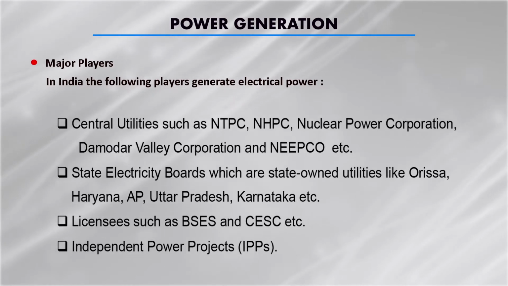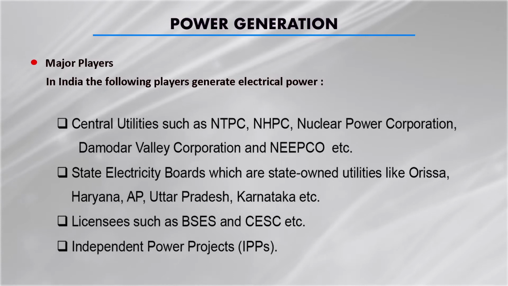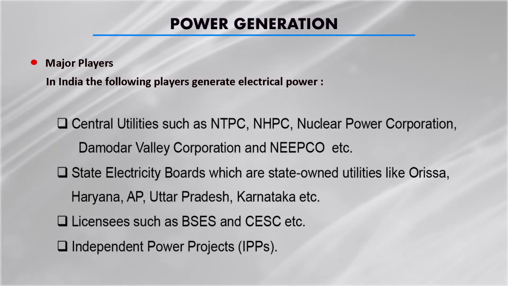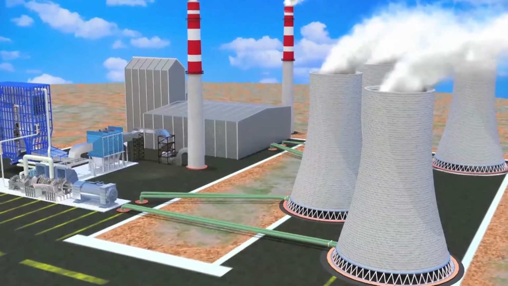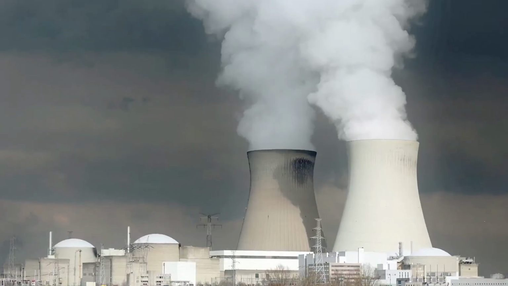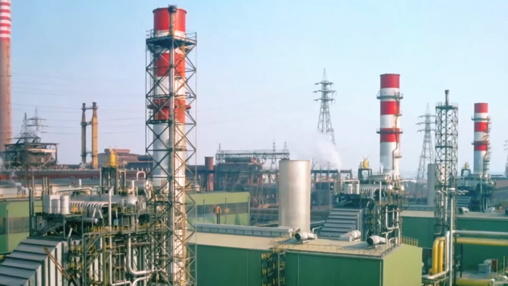Then there can be licensees such as BSES, CESC, or independent power producers or projects. When we talk about power generation, you know that power can be generated in thermal stations, hydroelectric stations, nuclear electric stations, diesel stations, or gas turbine plants.